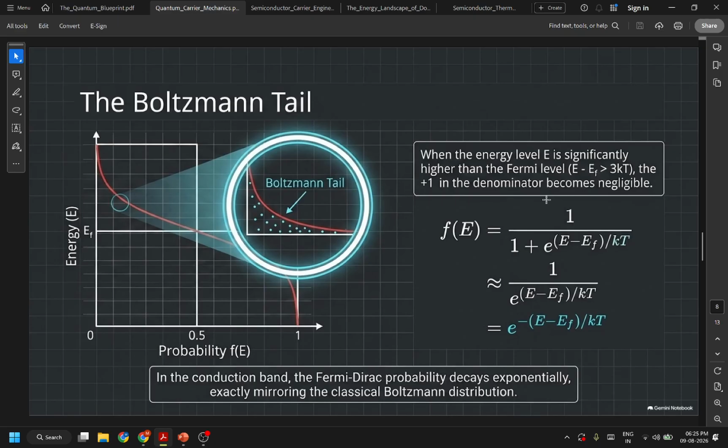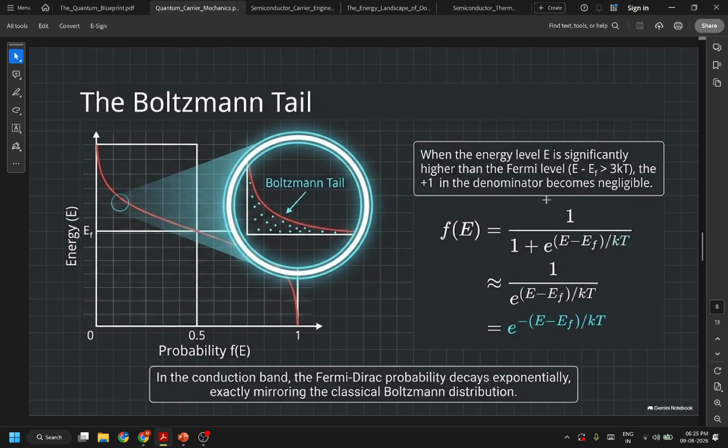So the Boltzmann tail. When the energy level is significantly higher than the Fermi level, E minus EF greater than 3kT, the plus 1 in the denominator becomes negligible. So f of E is approximately 1 upon 1 plus e to the power (E minus EF) by kT. When E minus EF becomes greater than 3kT, e to the power 3 becomes a higher order of magnitude than 1.